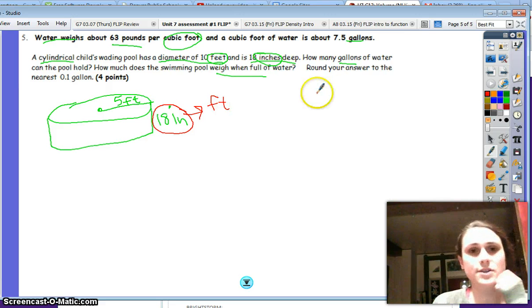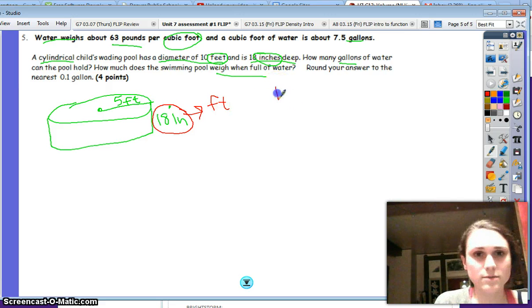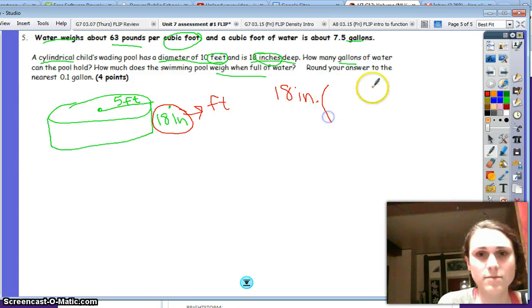You might be able to do this in your head, but the way we practice in class was like this. I have 18 inches. I want to multiply this by the conversion factor that relates inches and feet in order to get my answer in feet. I want to go from inches to feet. I'm multiplying 18 inches by some value of 1. It's going to get me feet. So I'm thinking, how are inches and feet related?